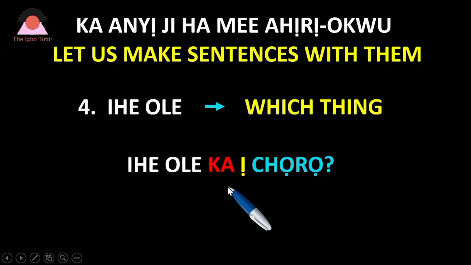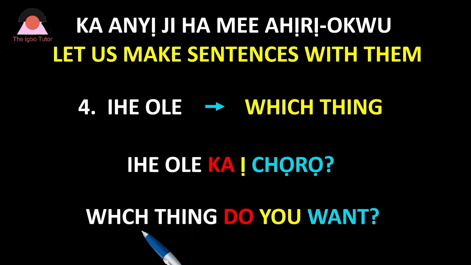Some will say ole ihe ị chọrọ is also having the same meaning. This means which thing do you want? It can also mean what thing do you want? Ihe ole ka ị chọrọ.